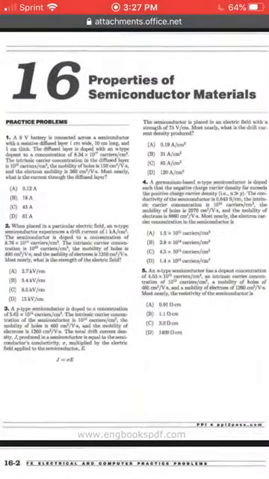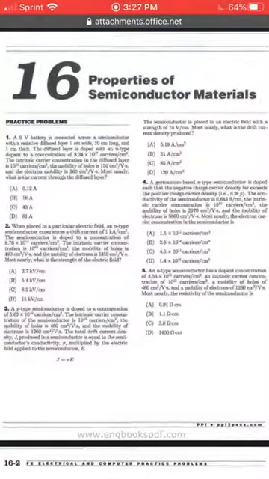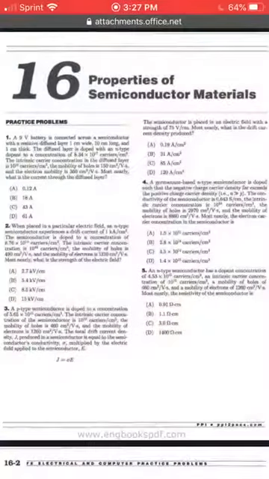Now we have the mobilities. So the electron mobility. Keep in mind here, I'm going to be writing it as mu n, because electron mobility is more associated with the N-type.